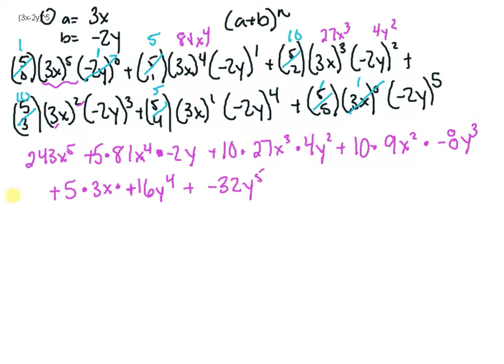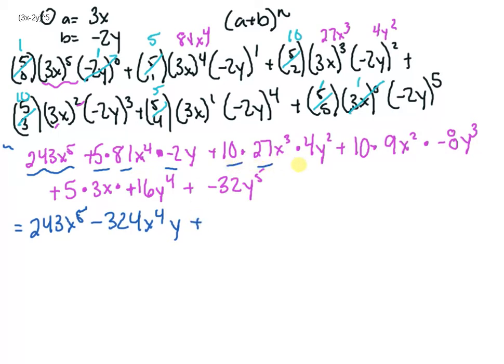Okay, one more line. Let's totally simplify. There we go. Okay, we get 243x to the 5. What's 5 times 81 times negative 2? I get minus 324. We want to leave the x to the 4 and the y.